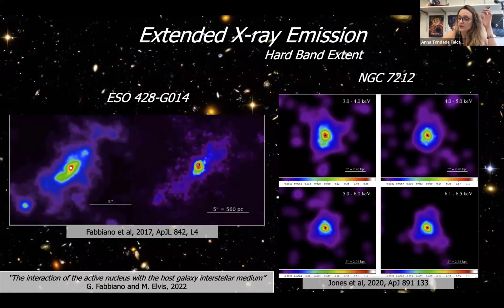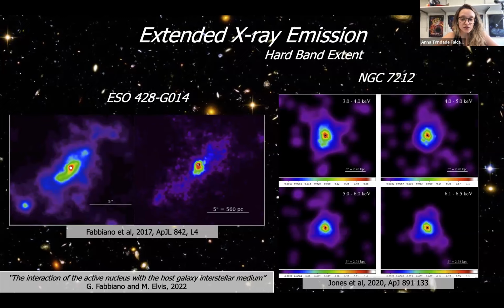So one of the interesting things is when this extended hard emission was discovered, the idea is that you have photons that are interacting with molecular clouds that are just lying in the plane of the galaxy.